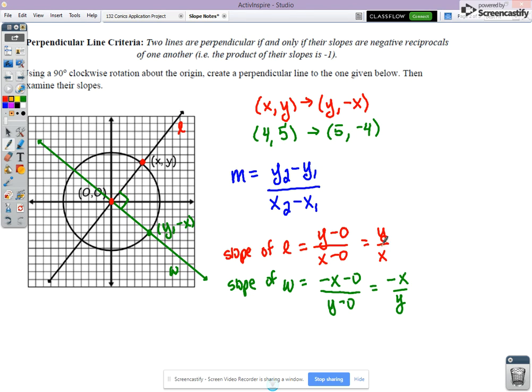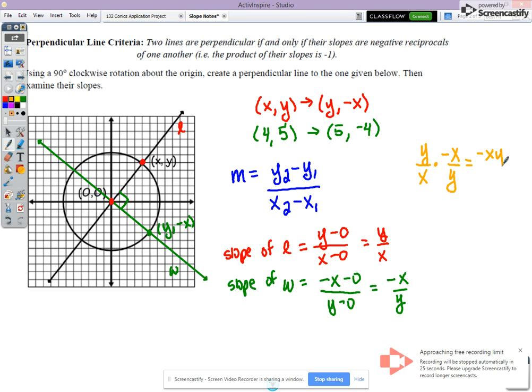Well, y over x is positive, -x over y is negative. So one slope will always be positive, the other will be negative, and you can see that they're reciprocals. y over x became x over y. And just to prove this last point, if we took those two slopes, y over x and -x over y, and multiplied them together, this would become -xy over +xy, which is really just -1. So perpendicular lines have negative reciprocal slopes.